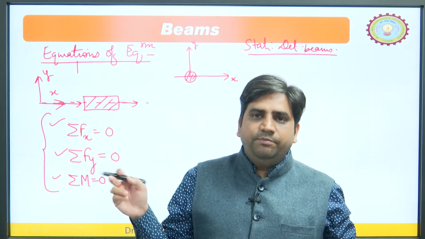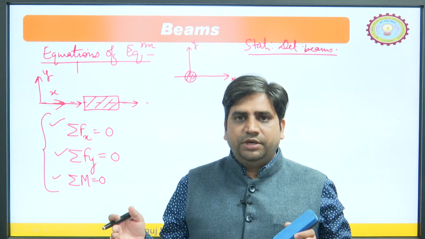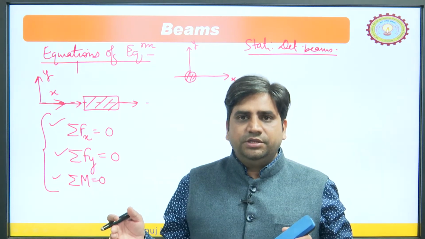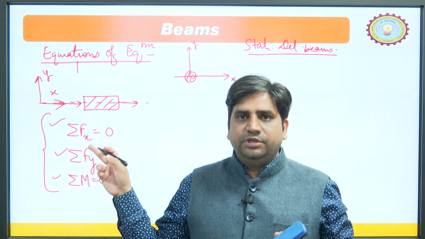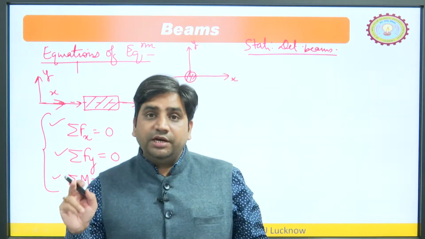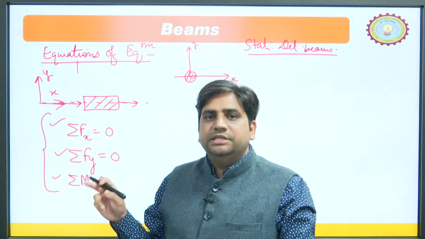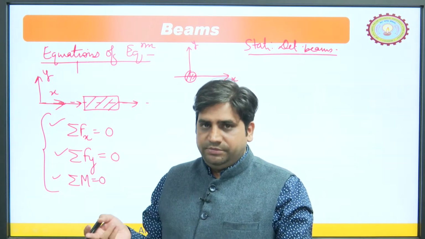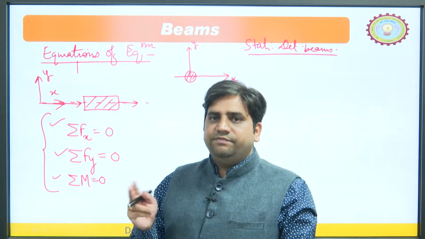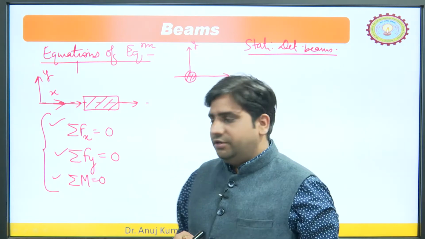If a beam has at most 3 unknowns, then we can solve that beam, and it may be a statically determinate beam. But if we cannot solve that beam using these 3 equations of equilibrium, then that beam would be statically indeterminate. So, we can classify the beams into two types, statically determinate and statically indeterminate beams.